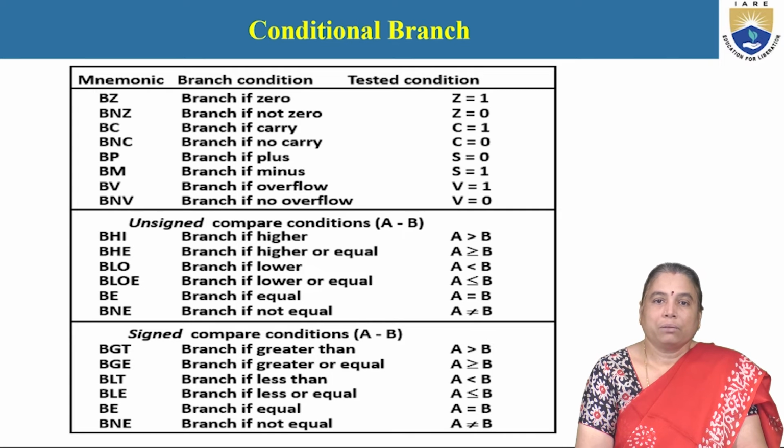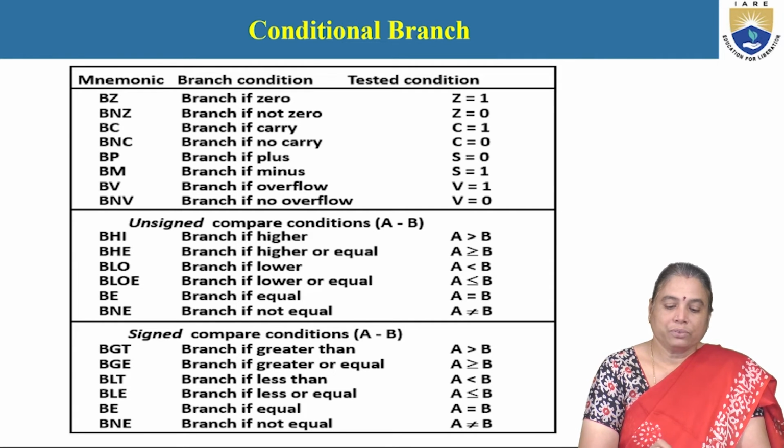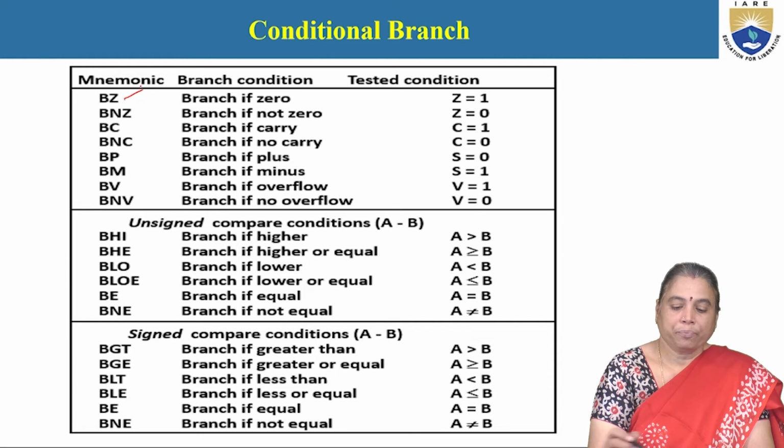How can the conditional branching be performed? Generally, these condition checks can be done with the status bit flags. The first category is the branch conditions when testing the status bit flags. The first instruction is BZ.